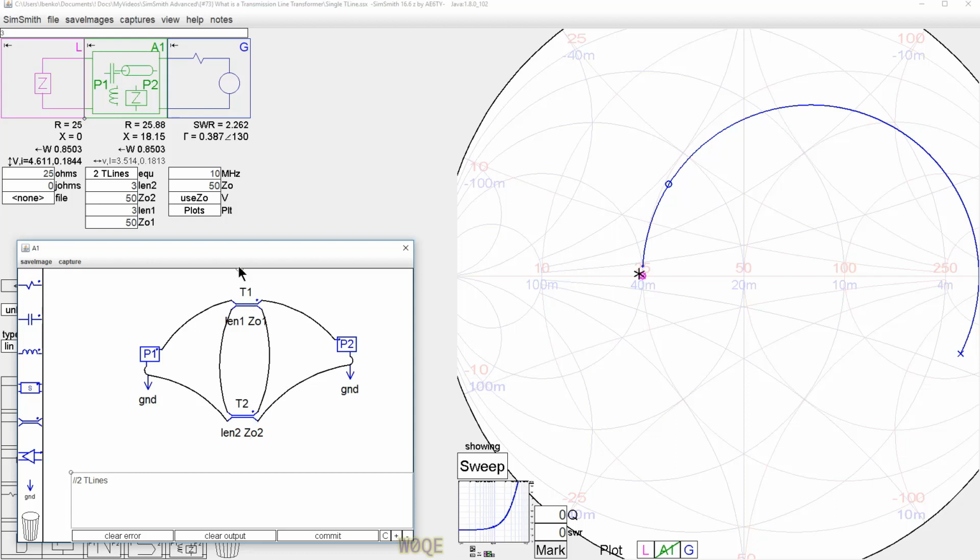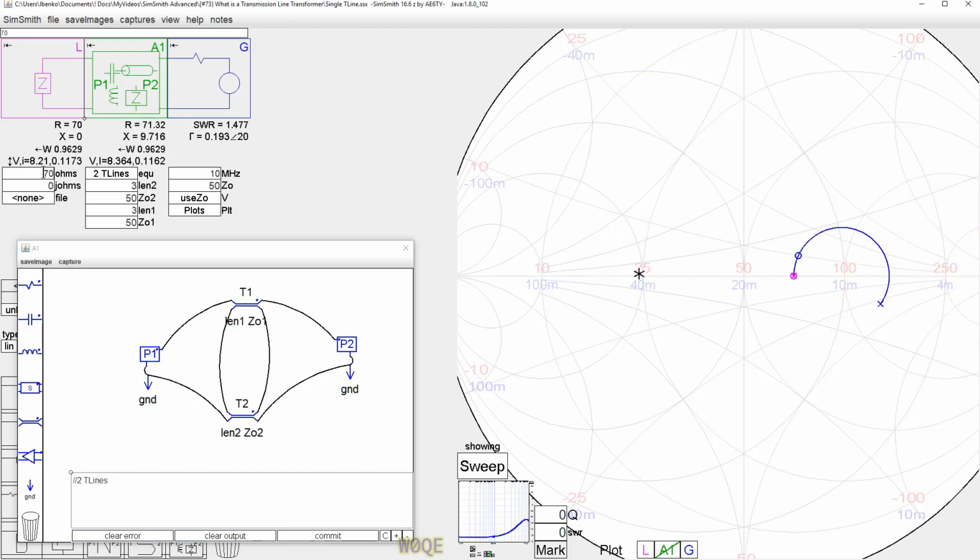These two transmission lines driven this way look to be 100 ohms. And let's see if we can show that. If I increase my load impedance to 100 ohms, we see that we have a resistive match again over frequency to 100 ohms. Now, does it matter if these two points are tied to something?